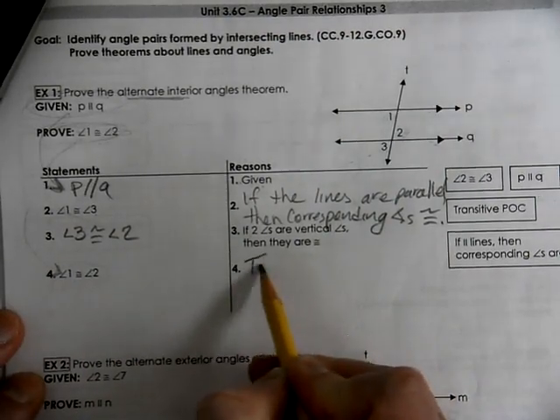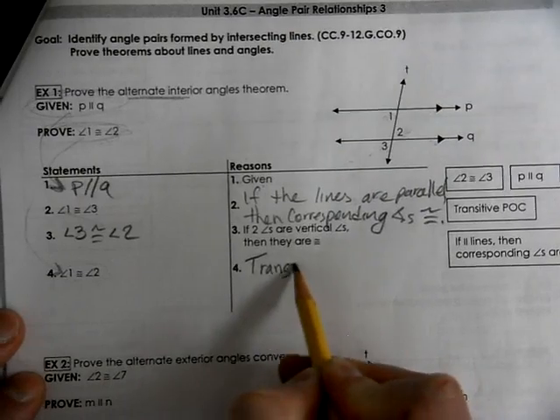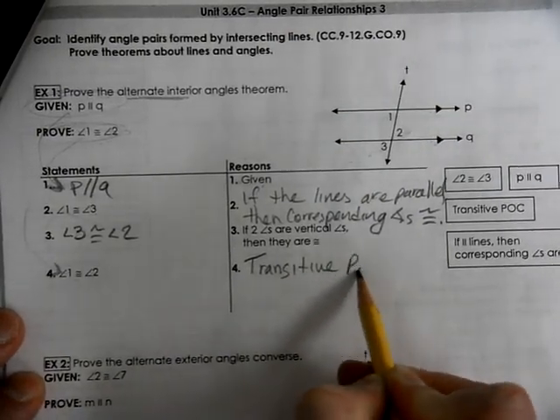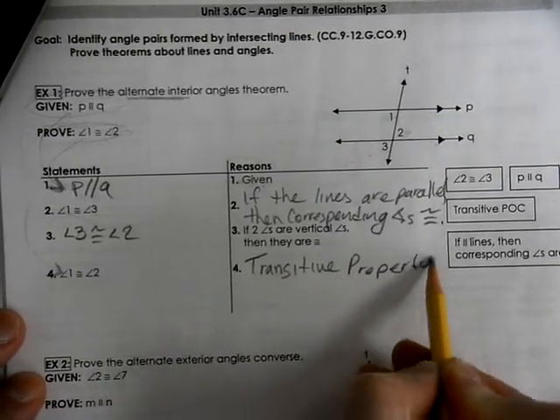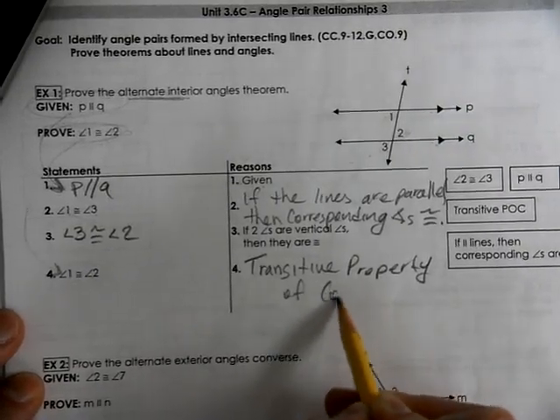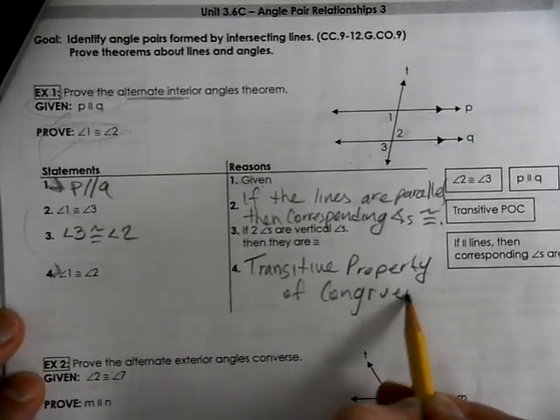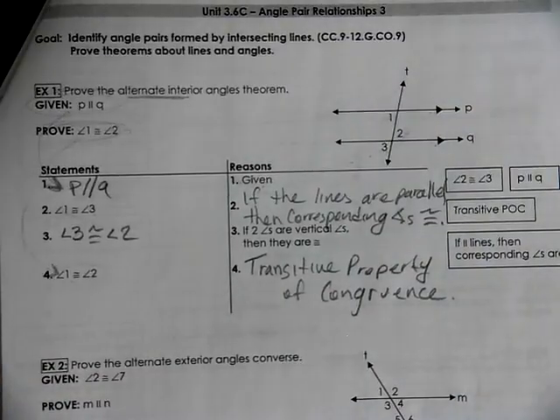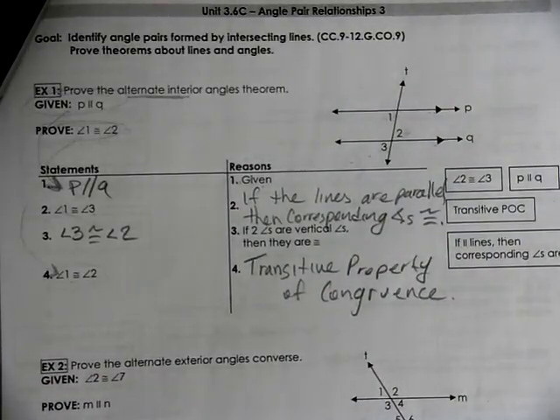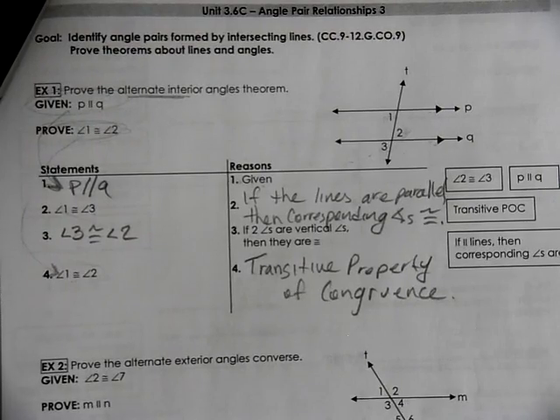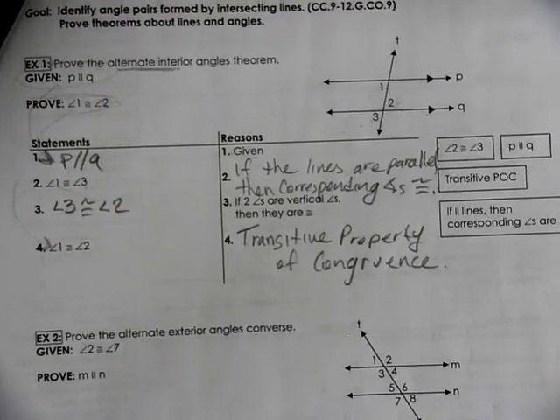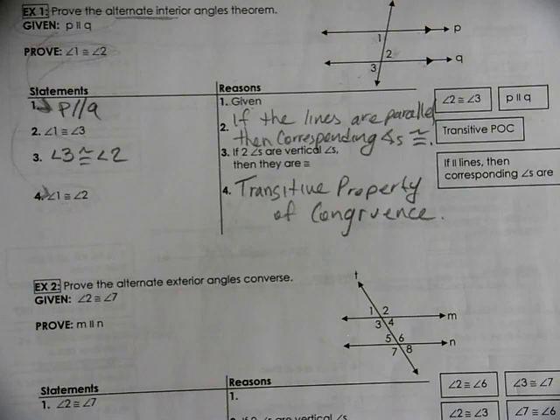We call that the transitive property of congruence. You can call that POC if you wish, transitive POC, but I prefer to write it out. Questions about that?